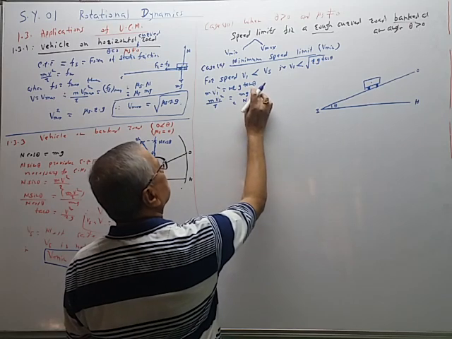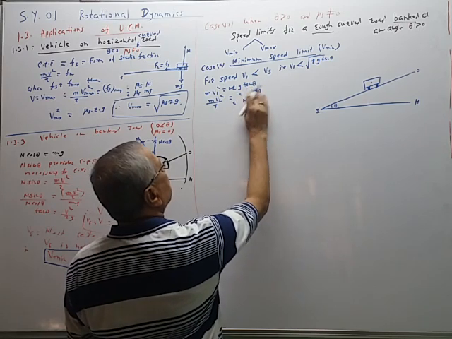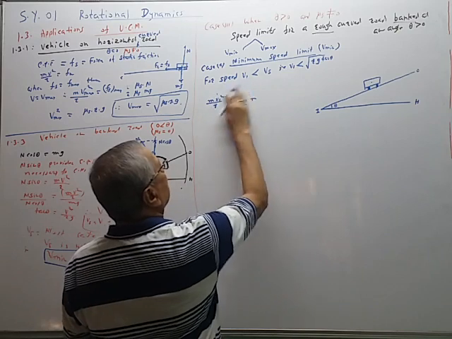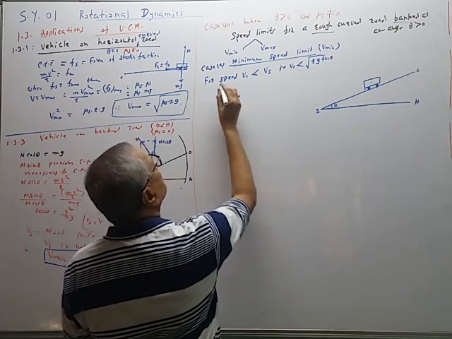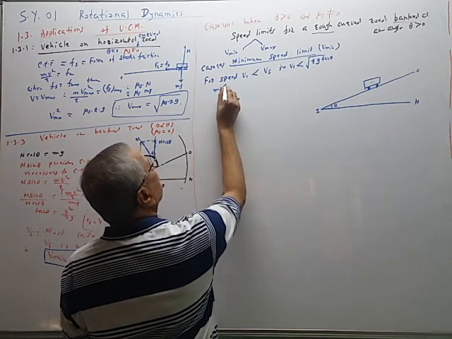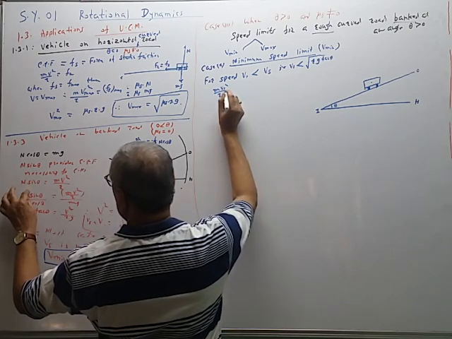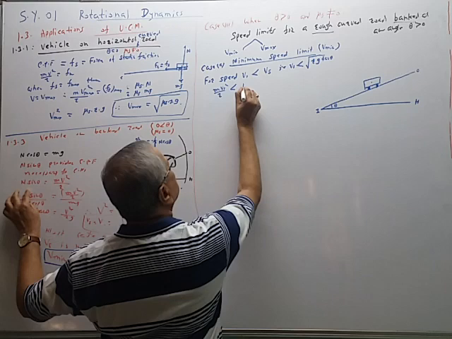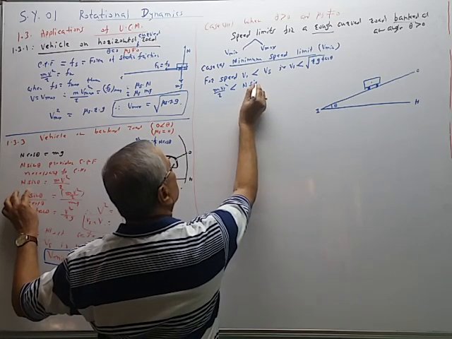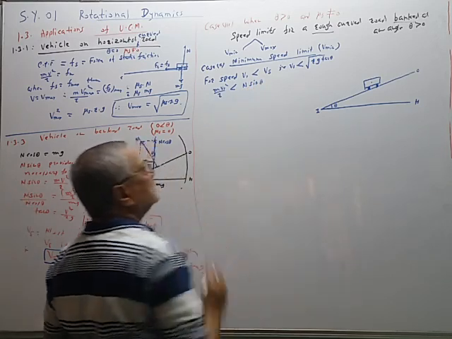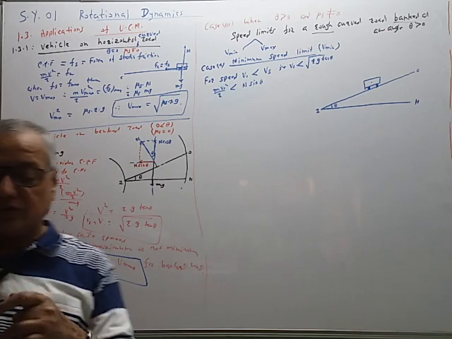Oh, sorry, m V1 square upon R is less than N sin theta. N sin theta provides the centripetal force.